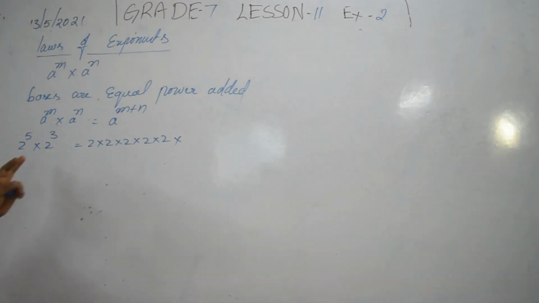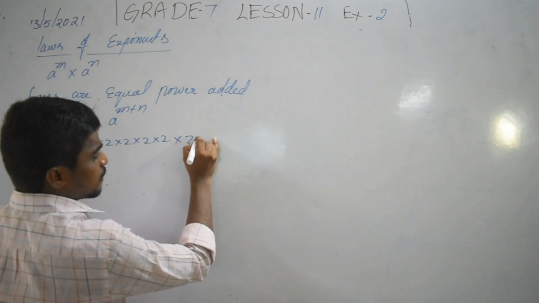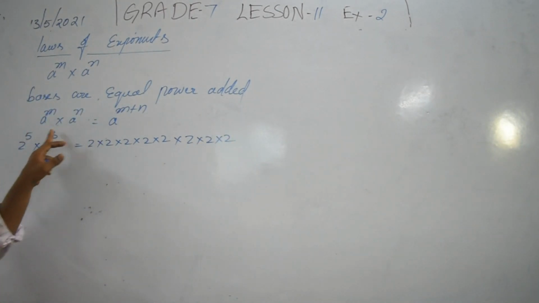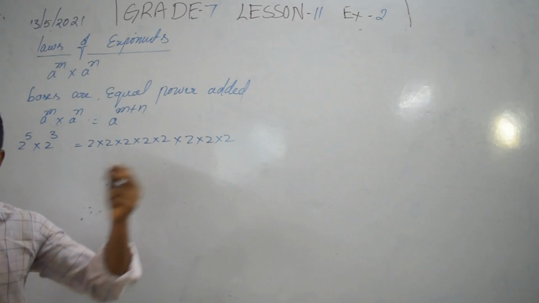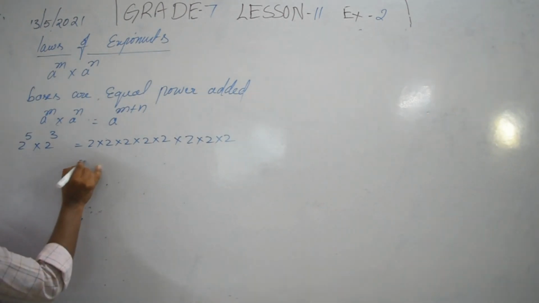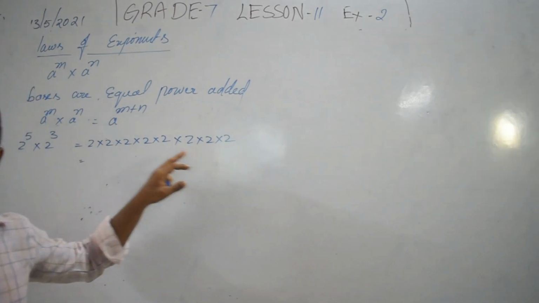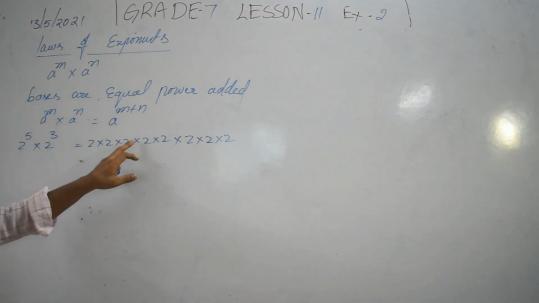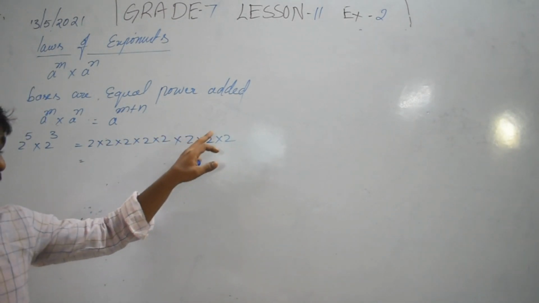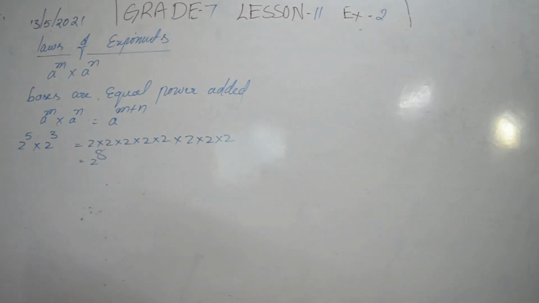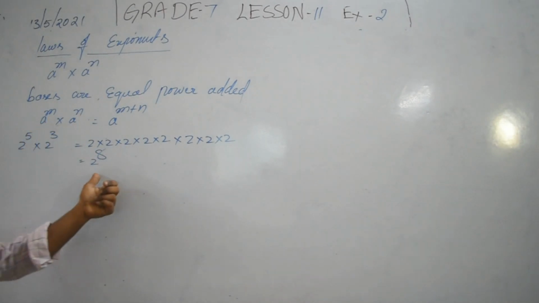How to write 2 power 5? We multiply 2, 5 times: 1, 2, 3, 4, 5. And 2 power 3 is 2 multiplied 3 times: 1, 2, 3. Now how many times are we multiplying 2 here? 1, 2, 3, 4, 5, 6, 7, 8. So it is 2 power 8. That is the value of 2 power 5 cross 2 power 3.